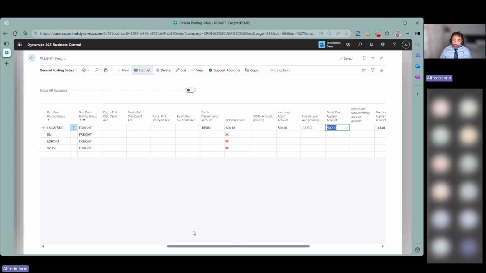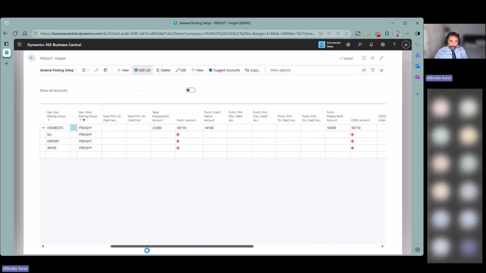will balance the balance sheet side of the freight, the landed cost, and which will go to the same balance sheet as finished goods. And the purchase account will balance accounts payable, because as a direct cost, the freight, the item charge, is something that we have to pay to a supplier.